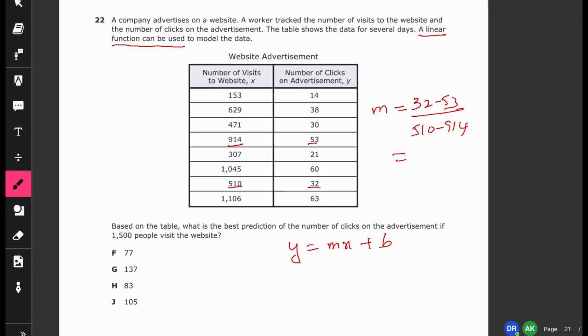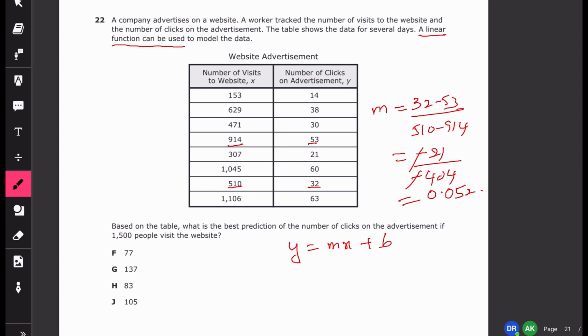So 32 minus 53 is equal to minus 21, divided by 510 minus 914, which is equal to minus 404. So the negatives will get cancelled. So 21 divided by 404 is equal to 0.051 or 0.052 you can take. So this is the m value.